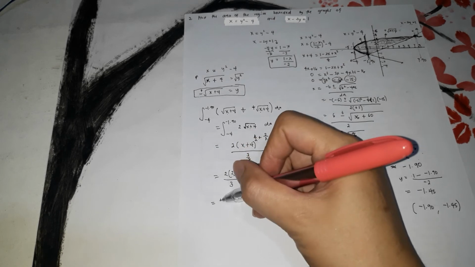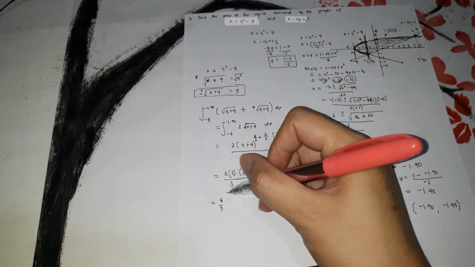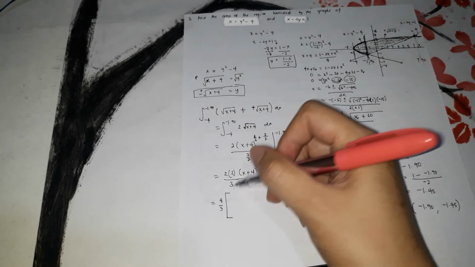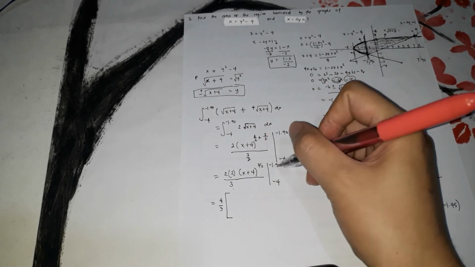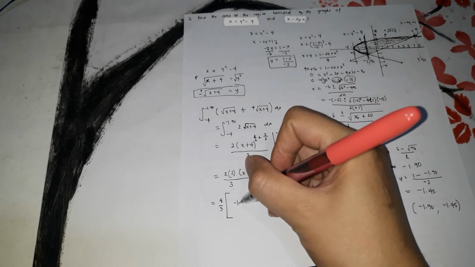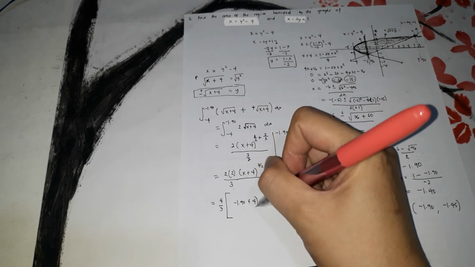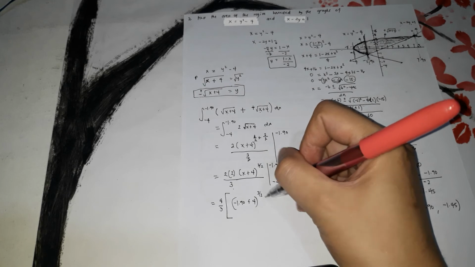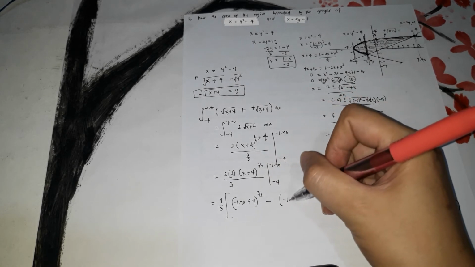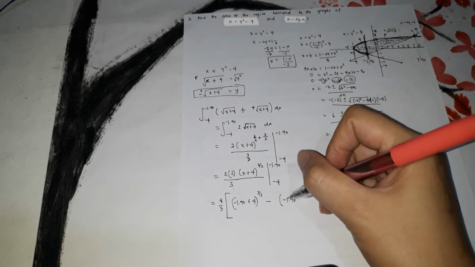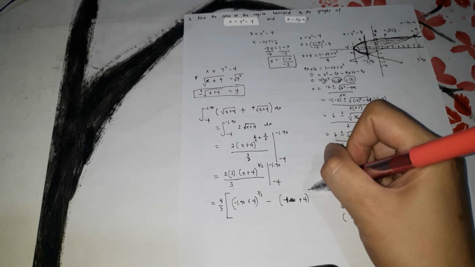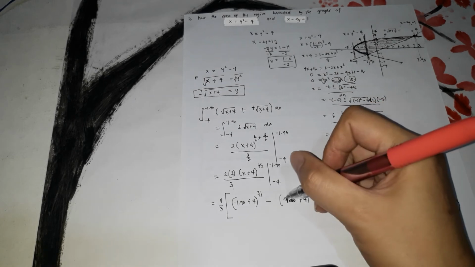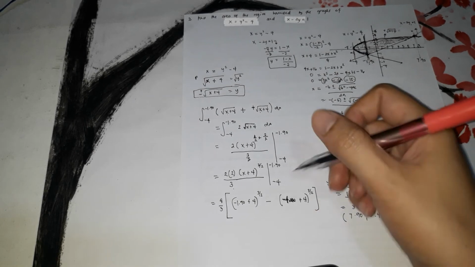So, 2 times 2, 4 thirds. Pwede natin ilabas ng 4/3 para mas madali. So, unahin natin si negative 1.90 plus 4 raised to the power of 3/2 minus negative 4 plus 4 raised to the power of 3/2.